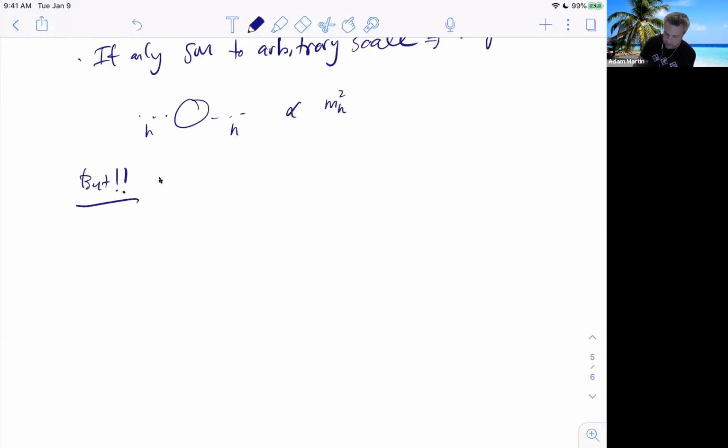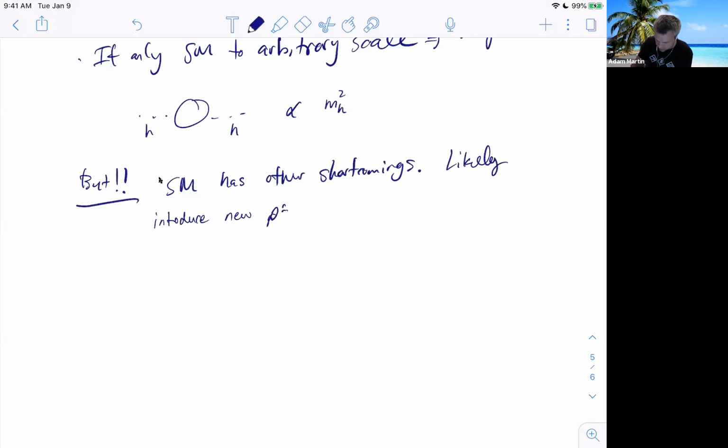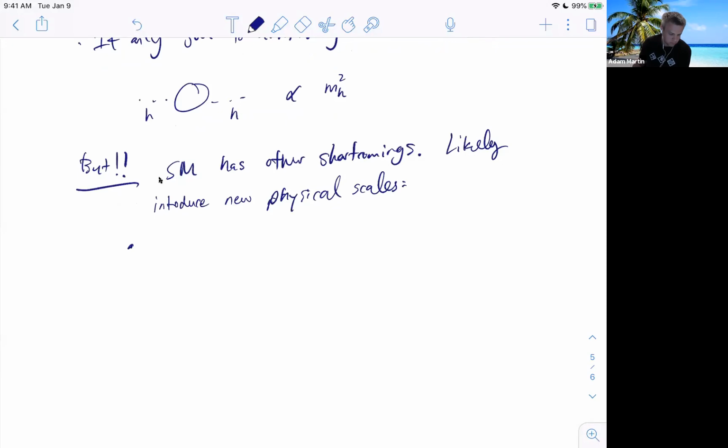So it has other shortcomings, and they are likely, though you cannot prove it, new physical scales. You just start naming these things. We know shortcomings of the standard model. We can put them down and say, for this school in particular, neutrino mass.